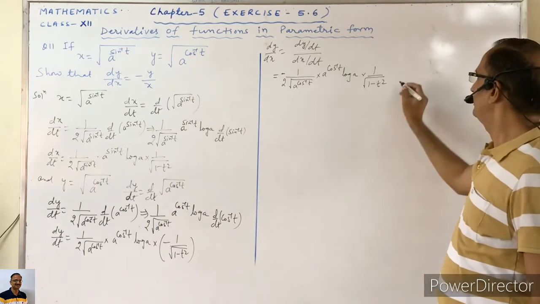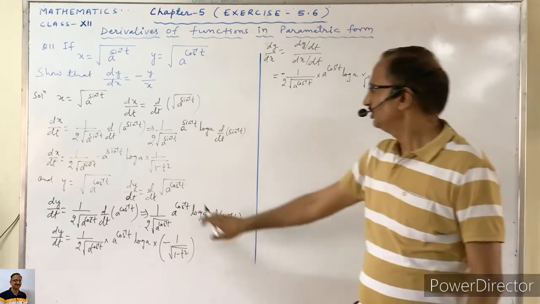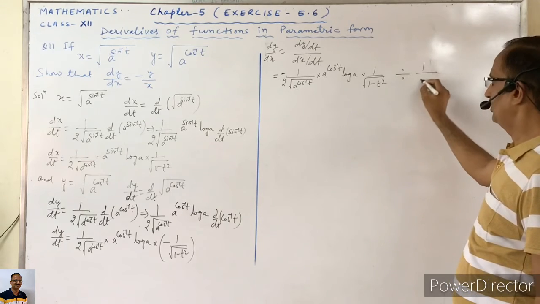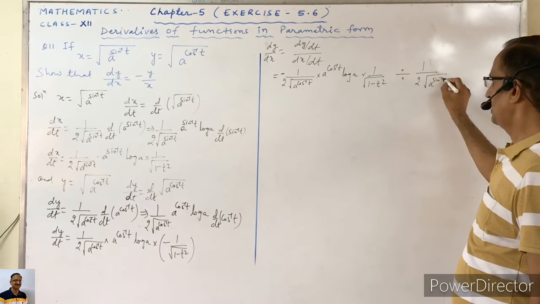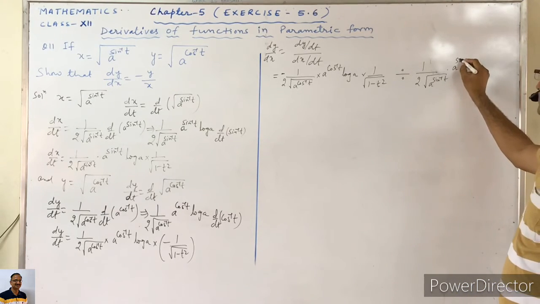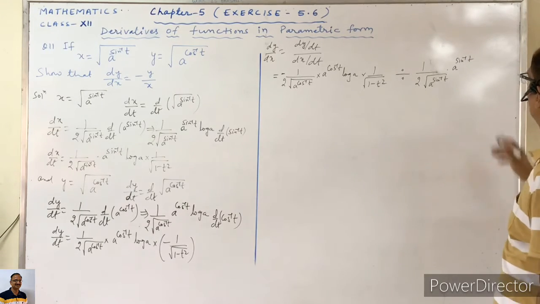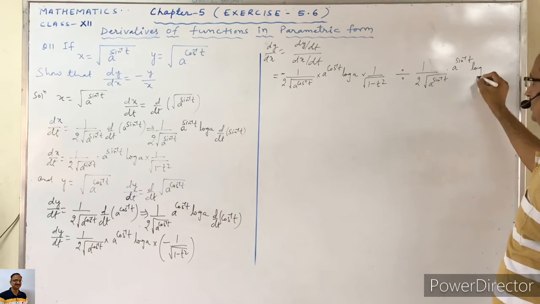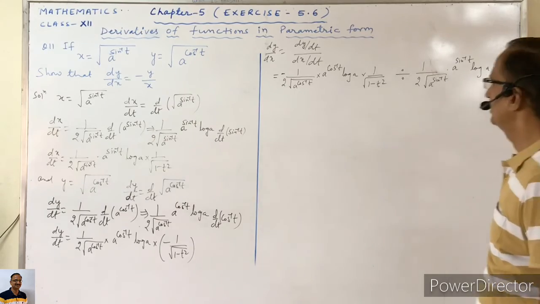Now divided by dx by dt. So this is the value of dx by dt. So this is 1/2 root a raised to power sin inverse t, and this is a raised to power sin inverse t, and log a, 1 by root 1 minus t square.